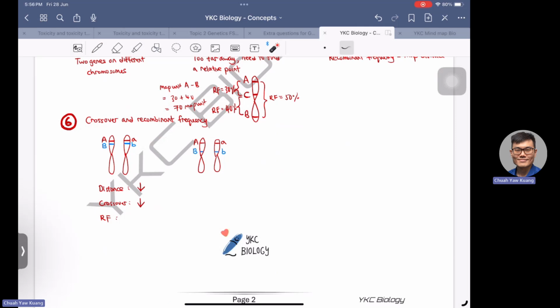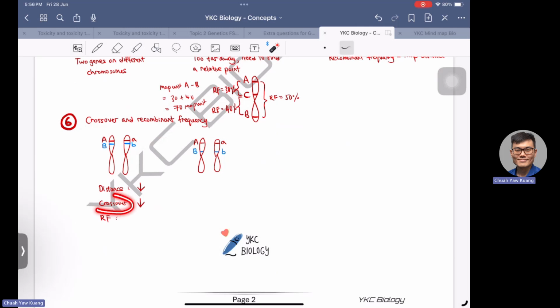So the chance of crossover to separate big A and big B, or small a and small b, will be lower. Not just crossover only, because crossover can occur here, here, or here; crossover can occur anywhere between the homologous chromosomes.